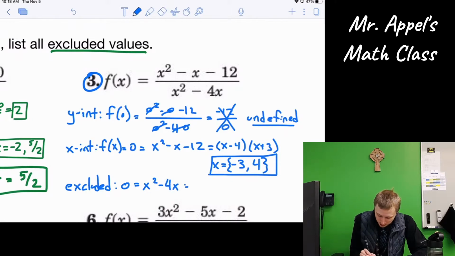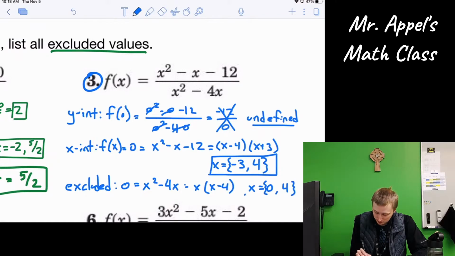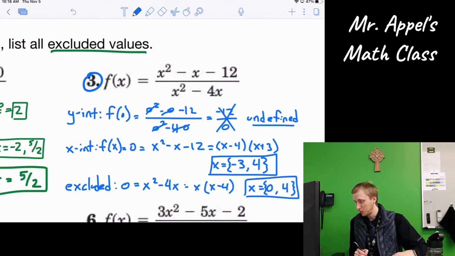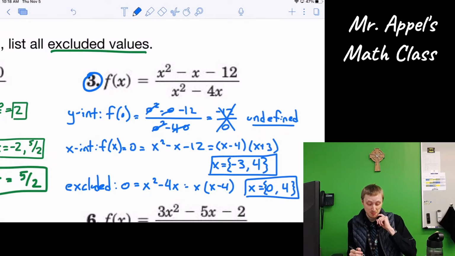Ooh, this guy does have a GCF, so factor out the x times x minus 4. So then you're looking at x is equal to either 0 or positive 4. Or rather, x should not be equal to 0 or positive 4, right?